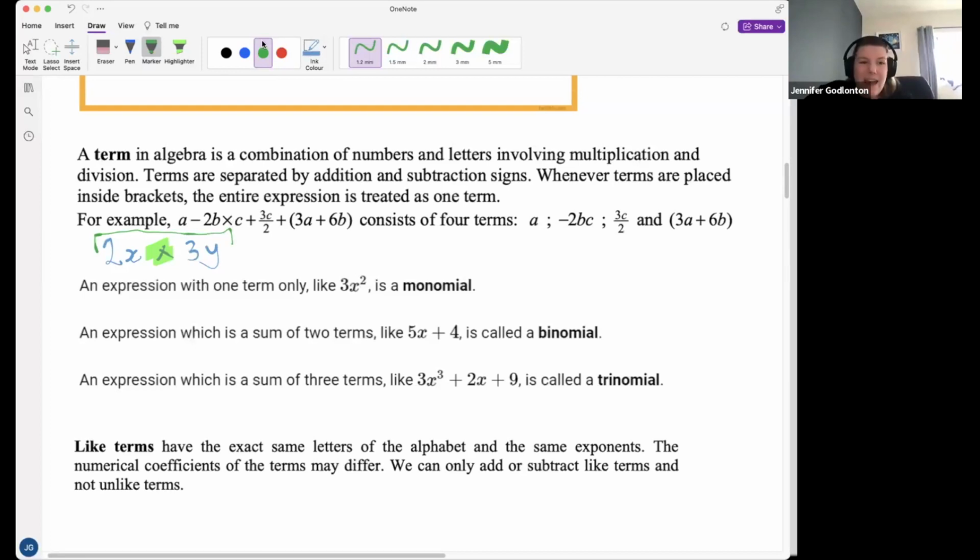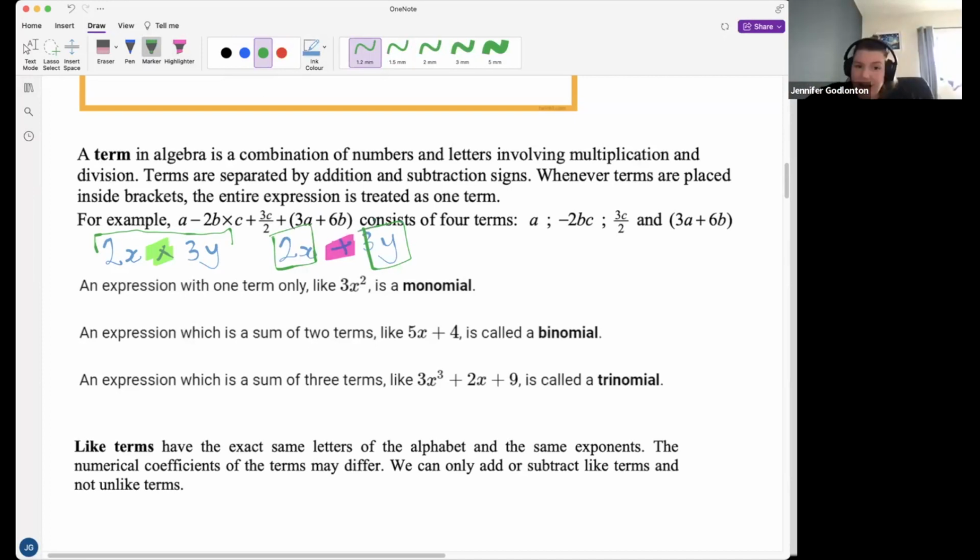If I had almost that exact same situation, so let's say I had 2x plus 3y, that plus sign is going to break up my terms. So instead of having one term, I'm going to have two terms. The plus sign splits them apart.